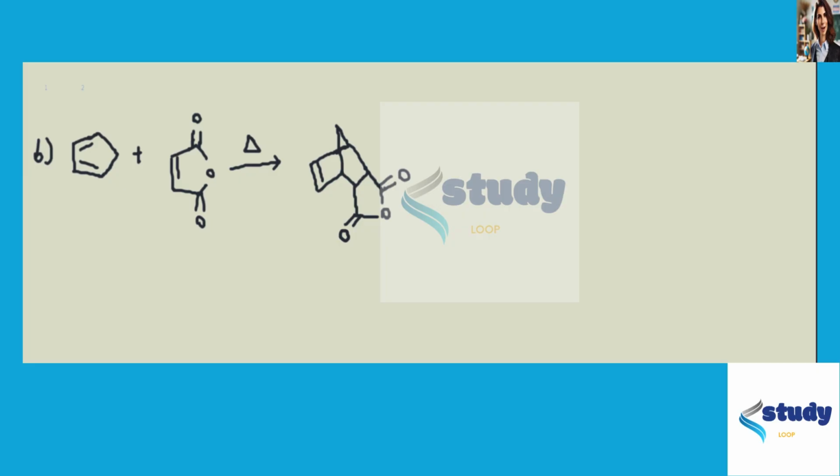And then from here, we need to epoxidize that double bond. And so that is easily done with MCPBA, metachloroperbenzoic acid.